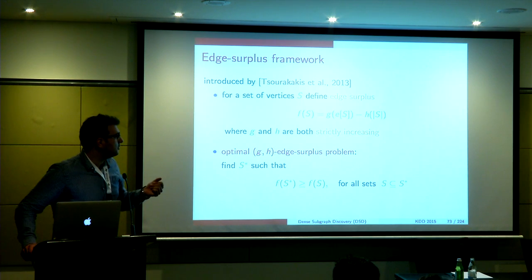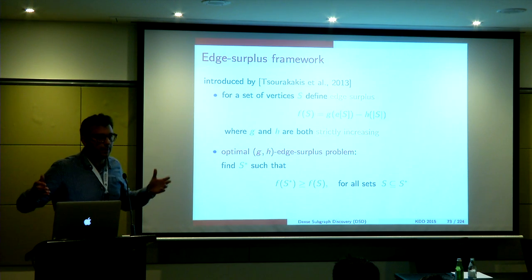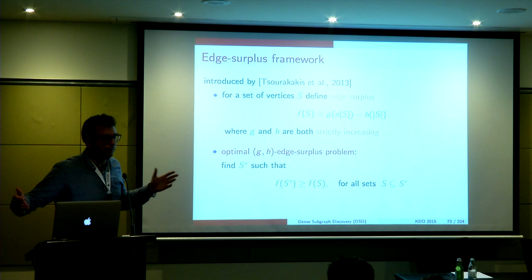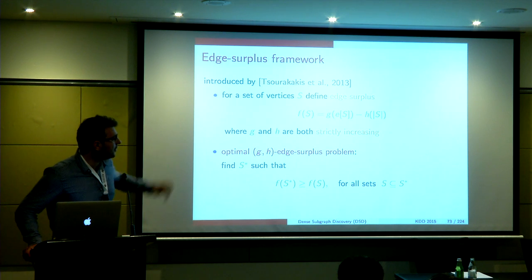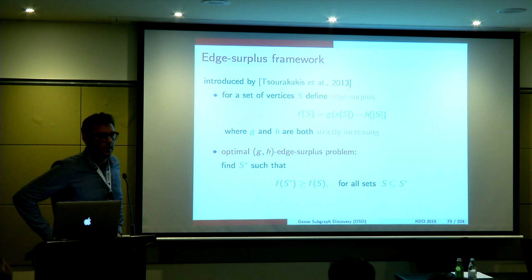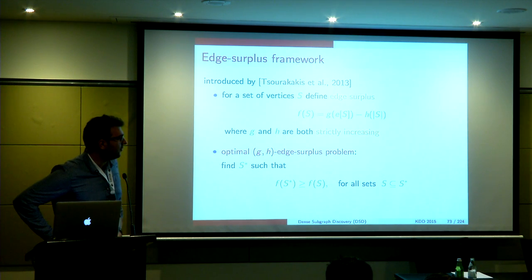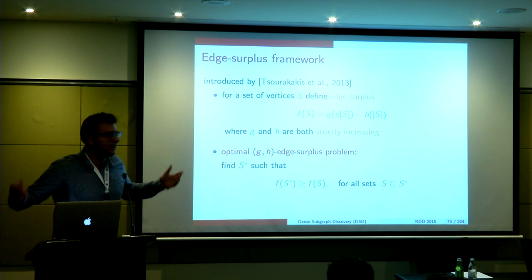On the other hand, we want to penalize big sets, right? We don't want to keep adding vertices just in order to increase the number of edges induced by S. We found that many of the existing measures of density fall under this framework. So g is an increasing function of the induced edges of S, and h is also increasing. So we reward edges, we penalize size.